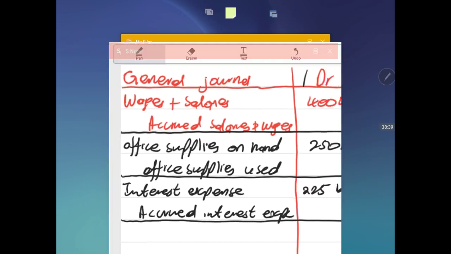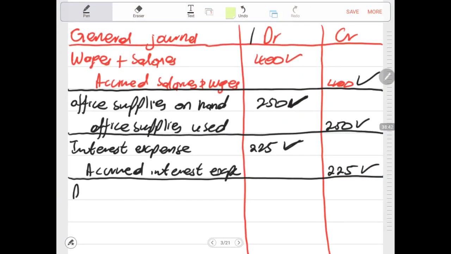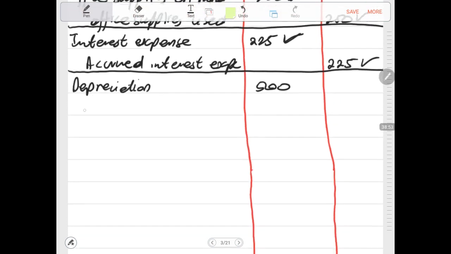Therefore, now we need to record our depreciation where we debit our depreciation and we credit our accumulated depreciation by an amount of 500. So now we credit our accumulated depreciation on equipment, and the amount is 500 rands.